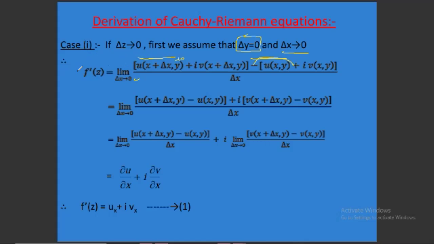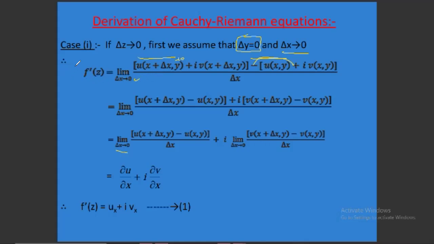Now split the values. So limit del x tends to 0, u of x plus del x comma y minus u of x comma y, the whole divided by del x, plus i into limit del x tends to 0, v of x plus del x comma y minus v of x comma y, the whole divided by del x.